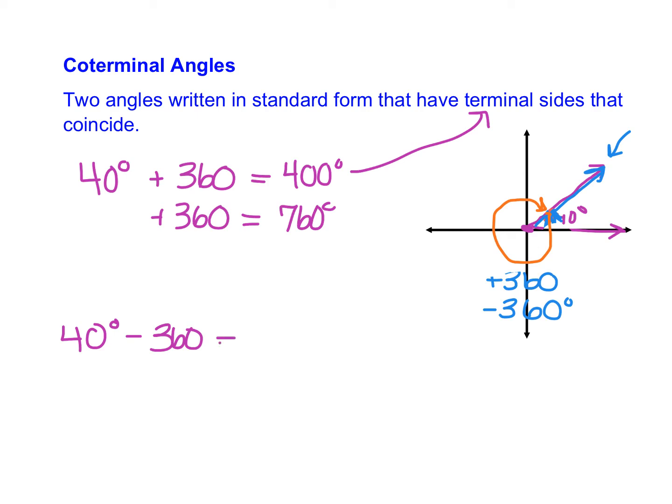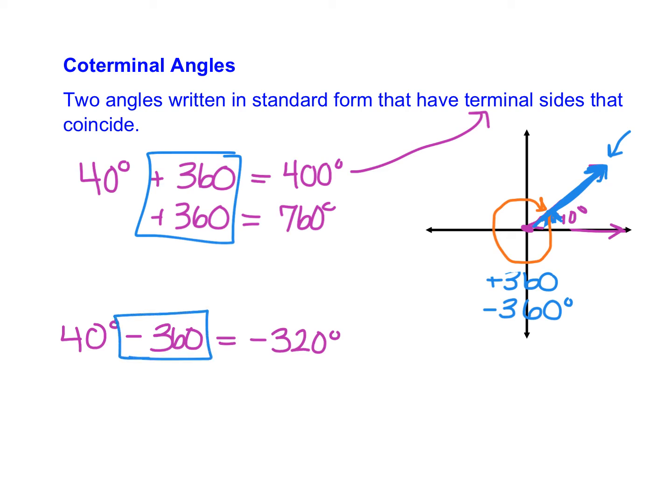That would bring me to negative 320 degrees. And again, I'm going to end in this same location because I'm going exactly 360 degrees around the circle. So all we need to do to find coterminal angles is add 360 degrees multiple times or subtract 360 degrees multiple times, depending on whether we want a positive or negative angle to result.